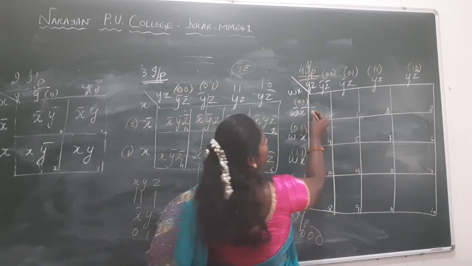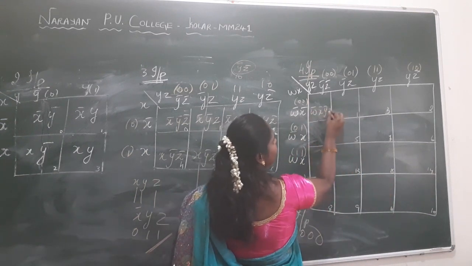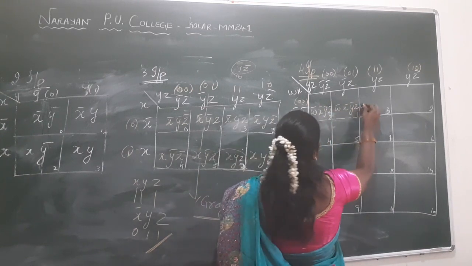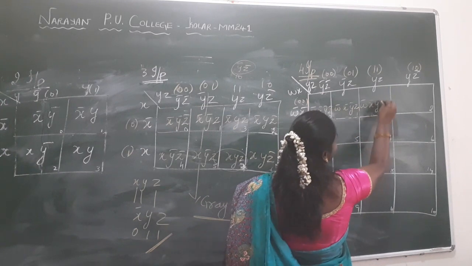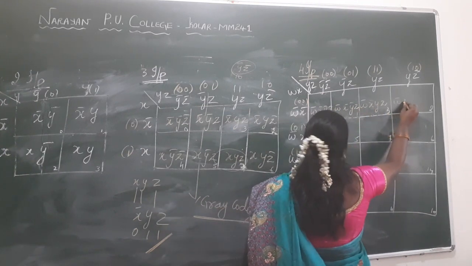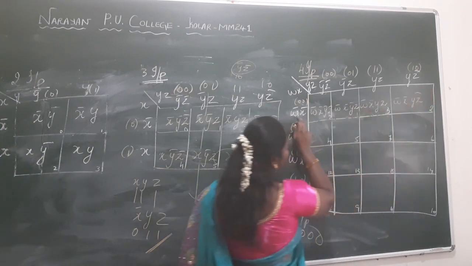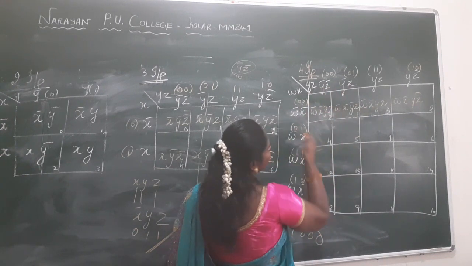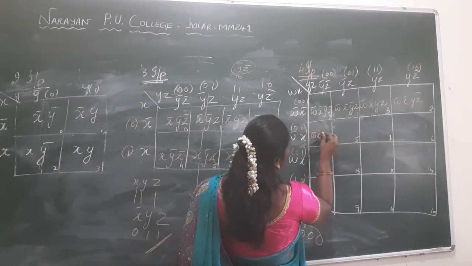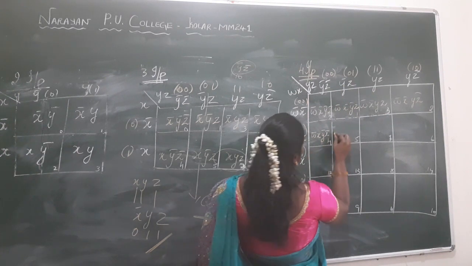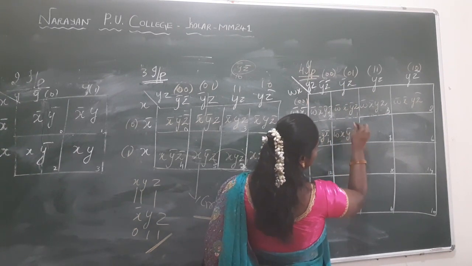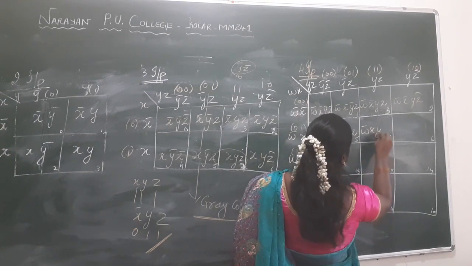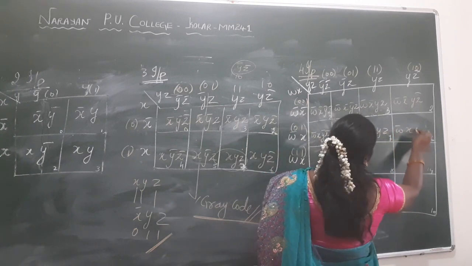Now we will write down the expression: w bar x bar y bar z bar, w bar x bar y bar z, next w bar x bar y z, next w bar x bar y z bar. This is for w bar x bar. Give as input the different variations of y z. Next w bar x y bar z bar, w bar x y bar z, w bar x y z, next w bar x y z bar.